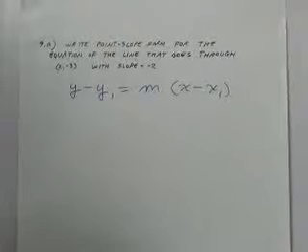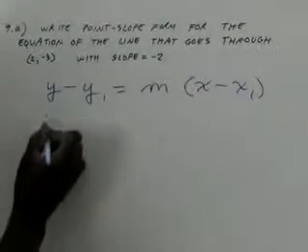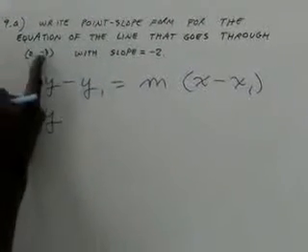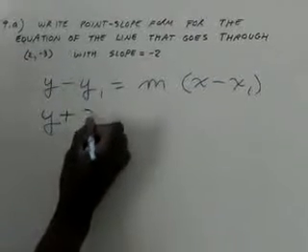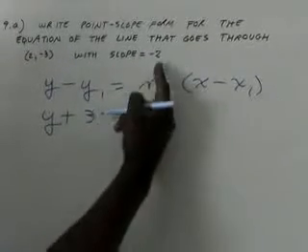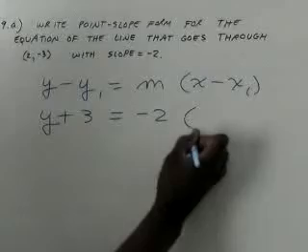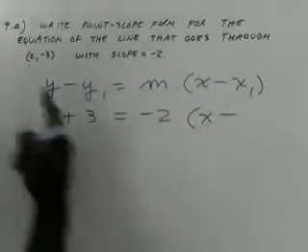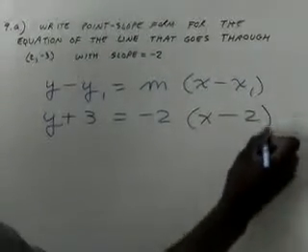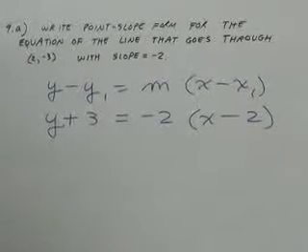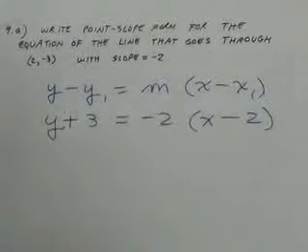Now we simply substitute those three numbers in. So y minus -3, that's a plus 3, is -2 times x minus 2. So here is the equation in what is called point-slope form.